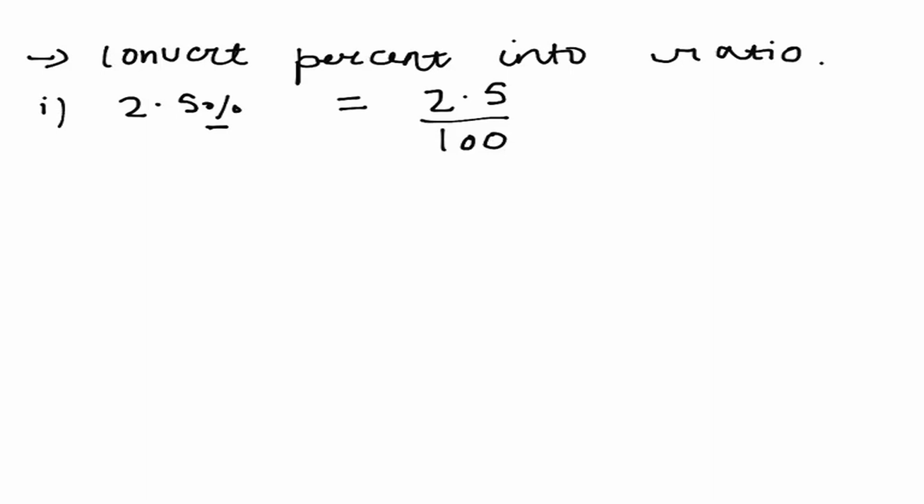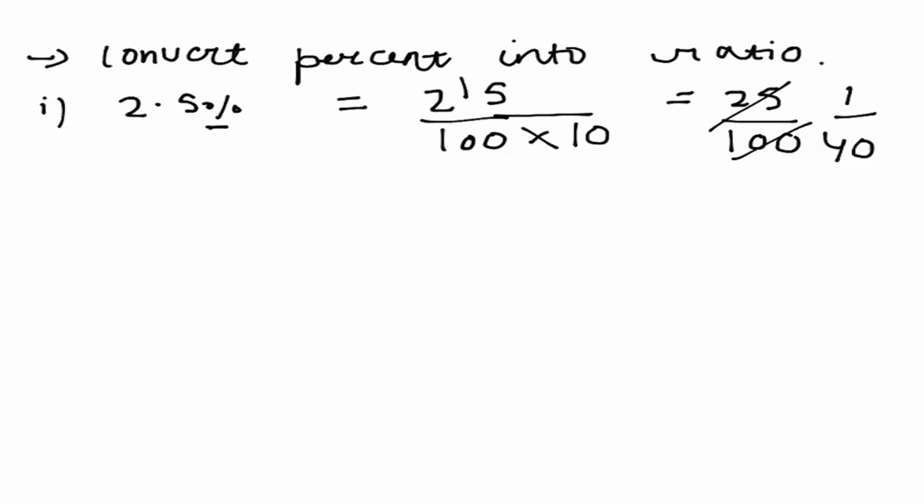Now the next step is we will remove the decimal point and multiply the denominator by 100 in order to remove the decimal point. So we will get 25 by 1000. Now we will convert it into the simplest form. We will get 1 by 40. So how can we write it in the ratio form? 1:40.